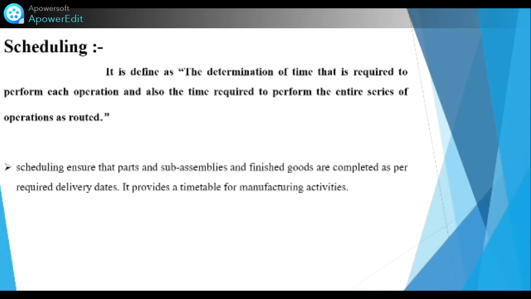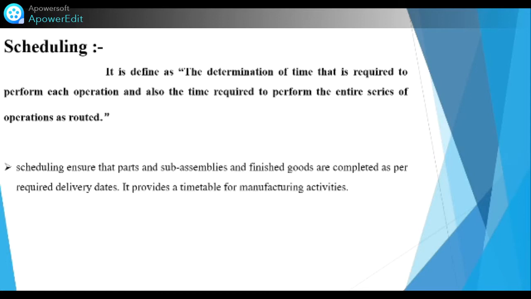Scheduling ensures that the parts, sub-assemblies and finished goods are completed as per the required delivery dates. It provides a timetable for manufacturing activities. So that is scheduling.